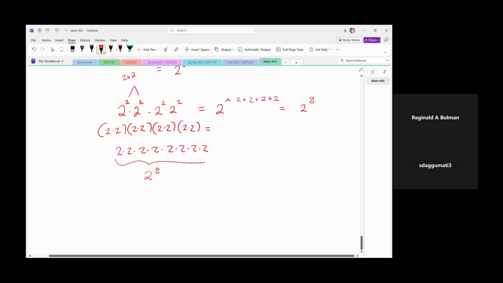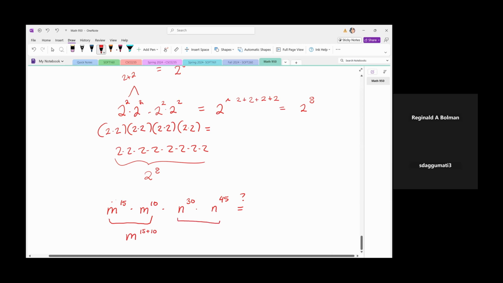Another example. Suppose I have m to the 15th times m to the 10th times n to the 30th times n to the 45th. I wanted to calculate what this happens to be equal to. Well, according to the addition law of exponents, I may take my m to the 15th and m to the 10th, and because these have the same base, I may raise m to 15 plus 10.